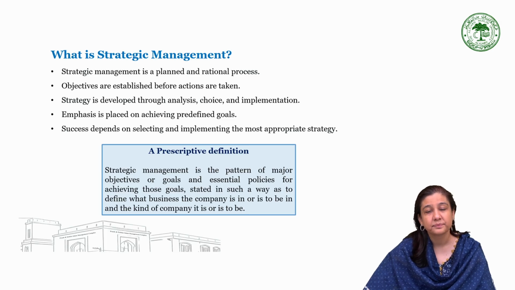For example, if a company decides to become the market leader in electric vehicles, all strategic decisions regarding technology, production, marketing, and investment will be aligned with that objective. Thus, strategy provides direction and identity to the organization.